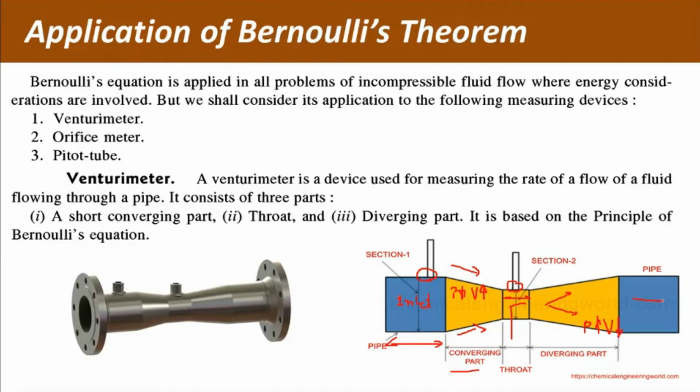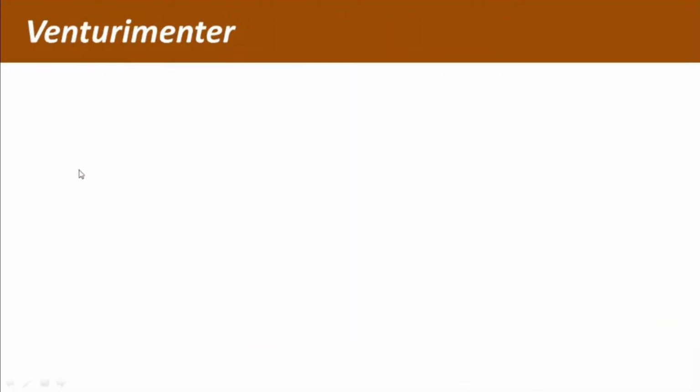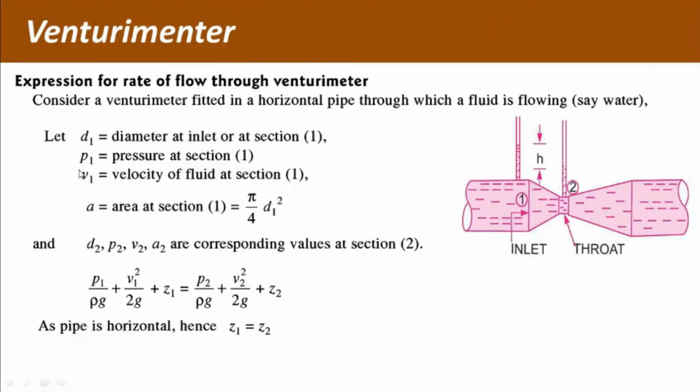And the outlet section is just a section of pipe of diameter equal to outlet diameter, whatever the pipe on the downstream side. So this is the construction of Venturi meter.